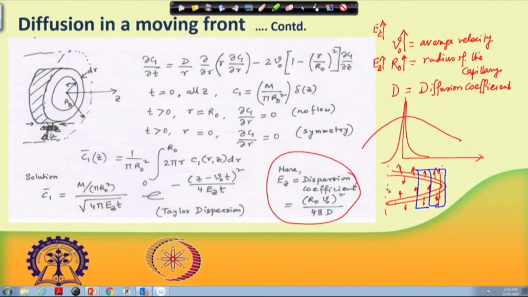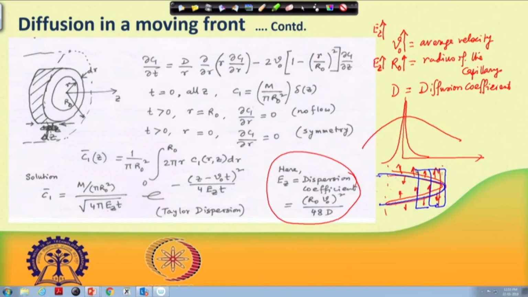So think of it that when V naught is increased, this is also getting stretched more. So you are allowing this front to be stretched, even if the mixing is not that much.